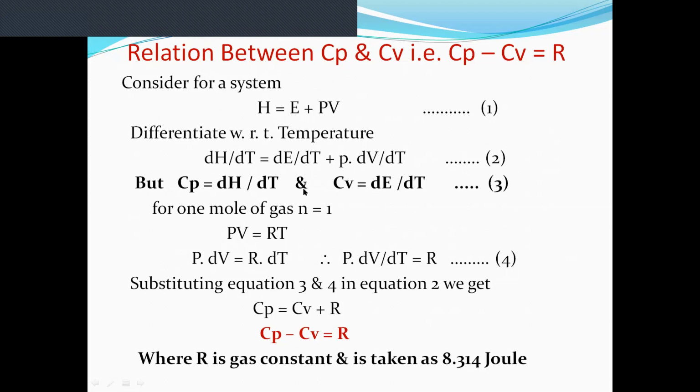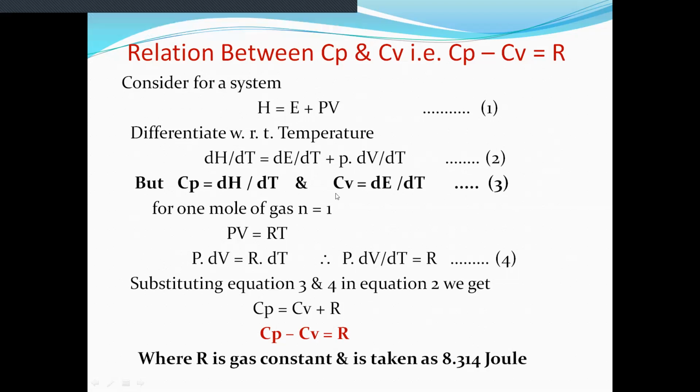And we have also seen molar heat capacity at constant volume. What is its formula? Cv is equal to dE upon dT. So this is equation number 3. That is, in equation 3 we have written the formulas for Cp and Cv, as already seen in the definition: Cp is equal to dH upon dT and Cv is equal to dE upon dT.